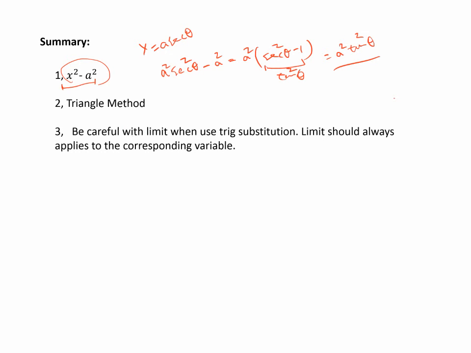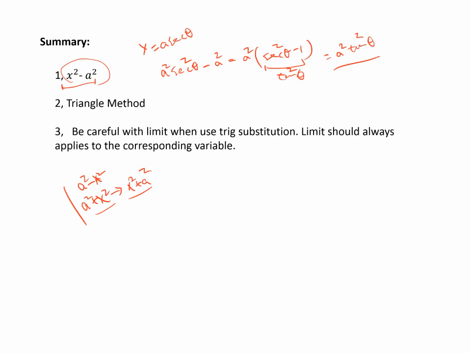Again, if there is a square root outside, we don't worry about it at the beginning. Just plug in the substitution. For the previous two problem types, you want to know how to substitute: a squared minus x squared and a squared plus x squared, which can also be written as x squared plus a squared.